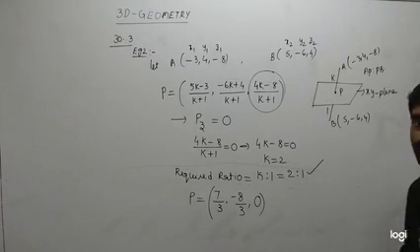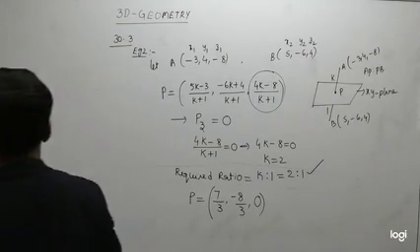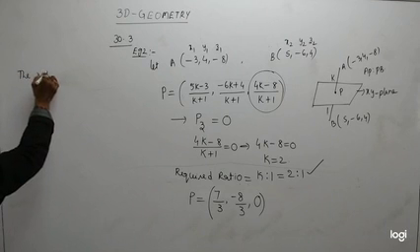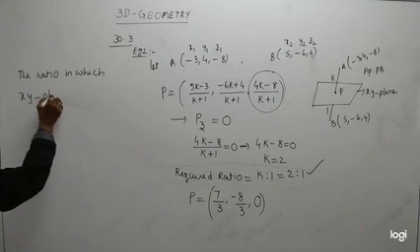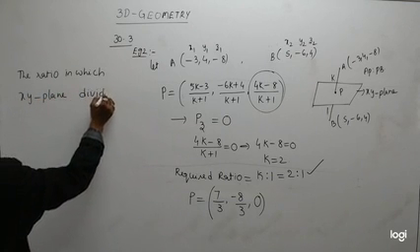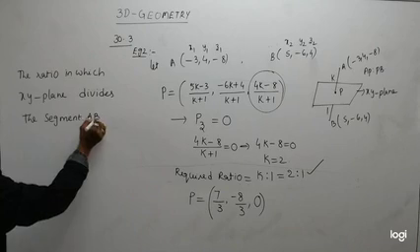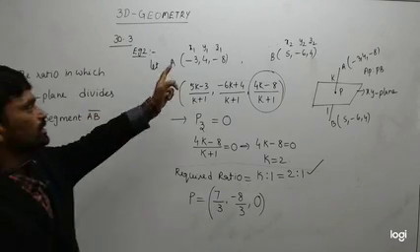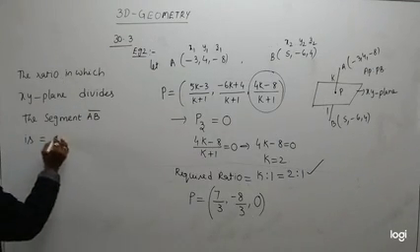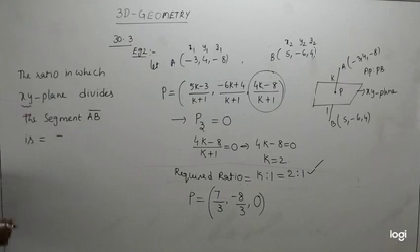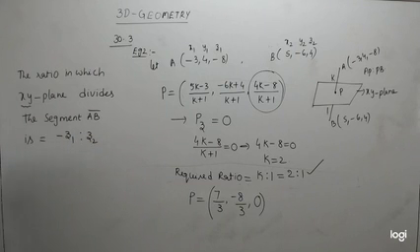The ratio in which the XY plane divides the segment AB is equal to minus z1 is to z2, since in x, y, z, z is the missing one.